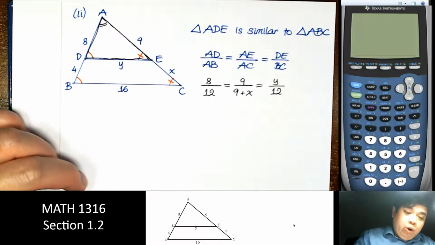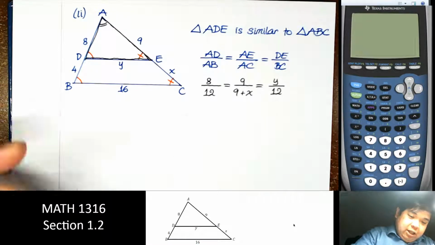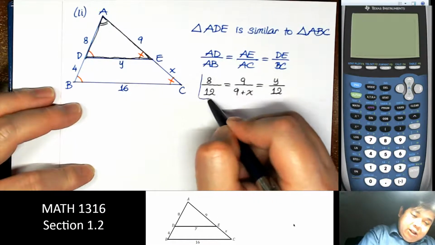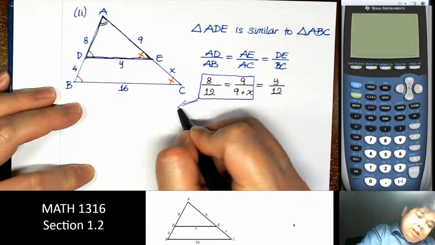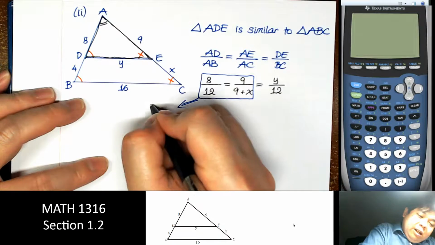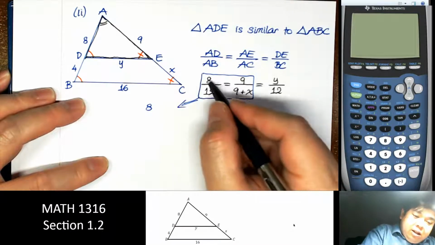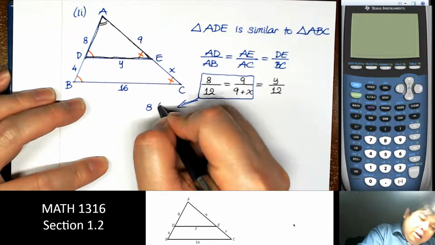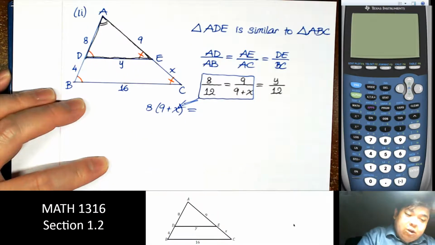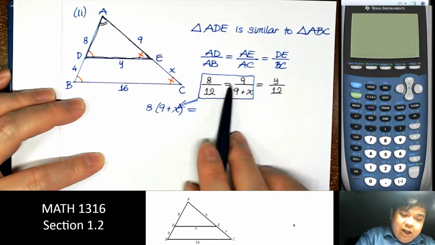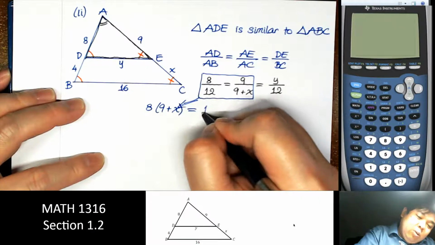We're going to take two ratios and solve for x. So first take this ratio first. Cross multiply, 8 times 9 plus x equal to 9 times 12, 108.